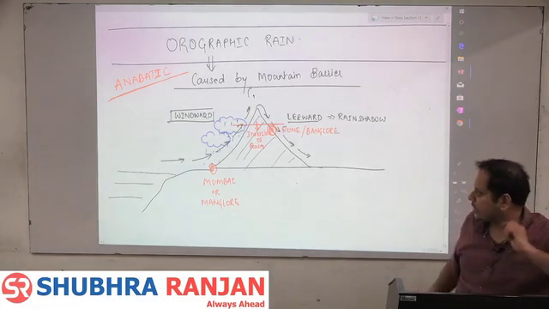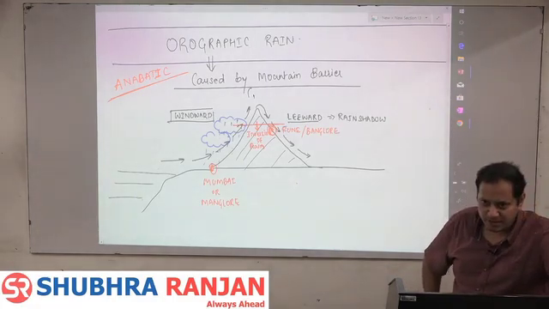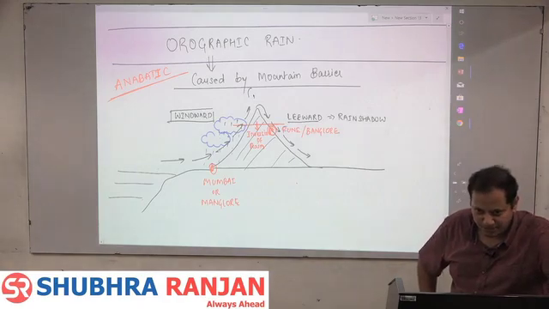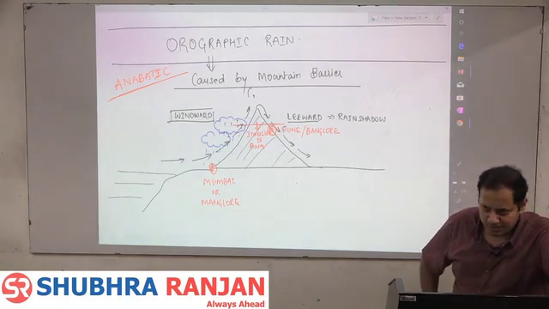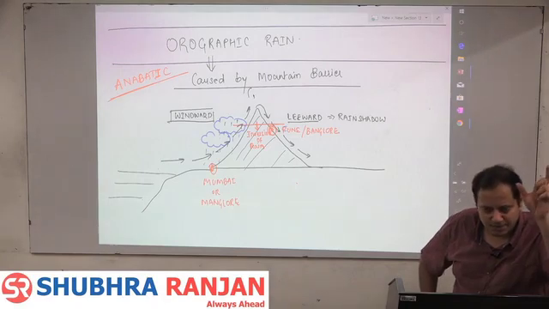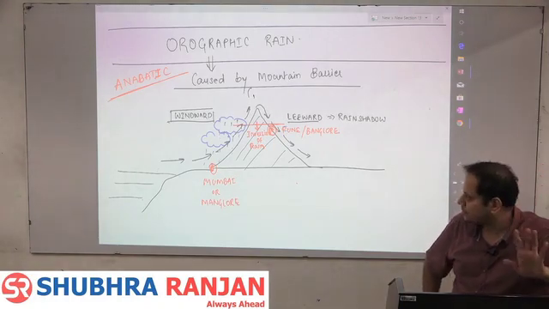Which two places will record the maximum difference in rainfall, Bangalore or Mumbai, Pune, right? They will give you four options: Allahabad, Varanasi, Delhi, Jaipur, Mumbai, Pune, and one more pair of cities. The answer will always be Mumbai or Pune or Bangalore, because one is the windward side, the other is the leeward side. Clear?